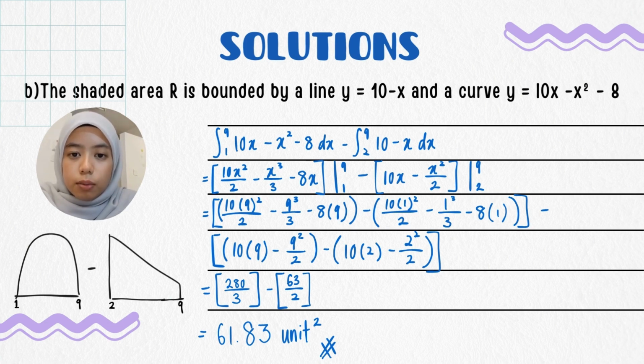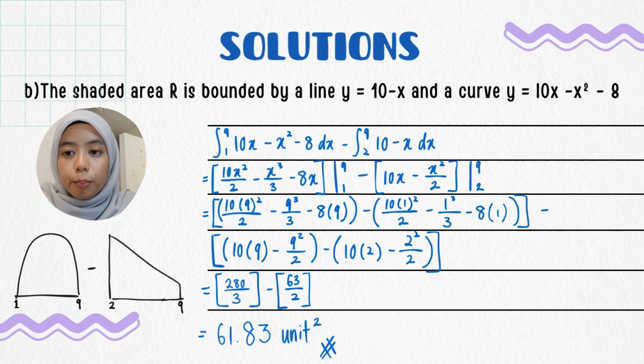Then we substitute the upper limit first and we'll get 10 multiplied by 9 to the power of 2 over 2 minus 9 to the power of 3 over 3 minus 8 multiplied by 9. Then we minus it with the lower limit, which is 10 multiplied by 1 to the power of 2 over 2 minus 1 to the power of 3 over 3 minus 8 multiplied by 1.